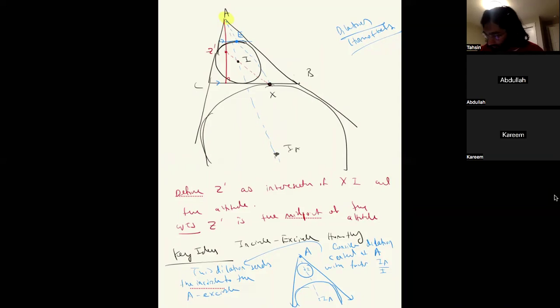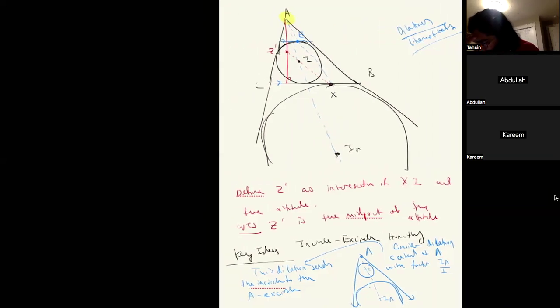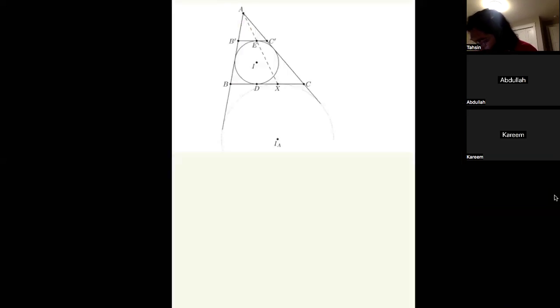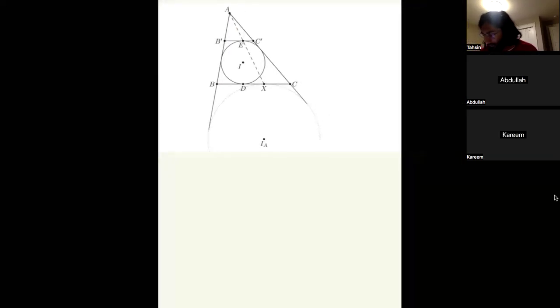So maybe I can draw slightly. So I have a diagram of this. Maybe I can share it. This is the diagram I'm missing. So it's this here. Do you guys see? So okay, their B and C are flipped from mine, but nonetheless, it's the same picture. So the point is, what they added is this line, which is parallel to the side of the triangle.